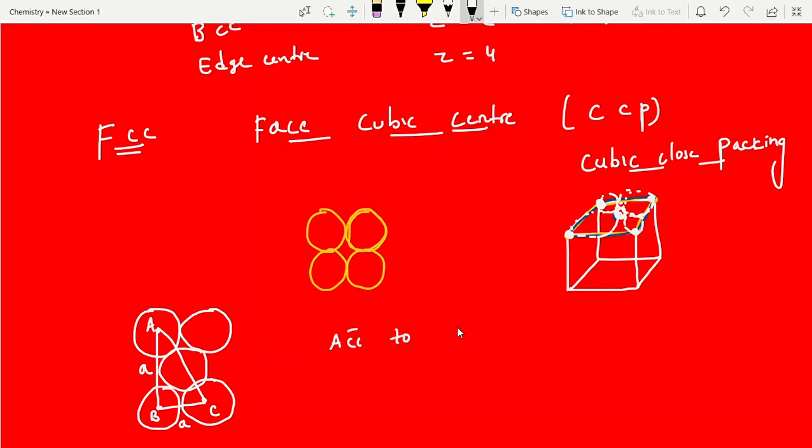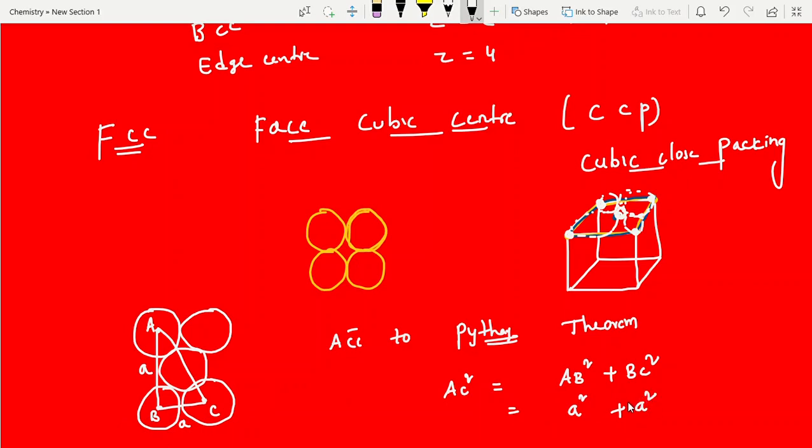According to Pythagoras theorem, we know, no? What is that formula? AC square equal to, yes, AC square how to calculate? AB square plus BC square, right students? What is AB square? Edge length A, no? A square plus BC square, again A square. That's it.